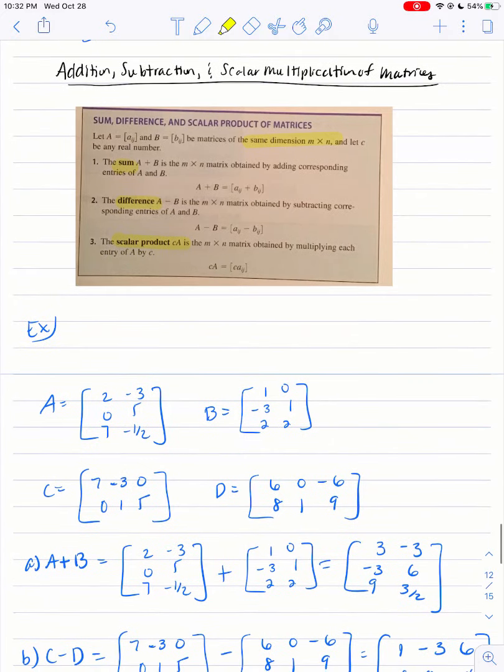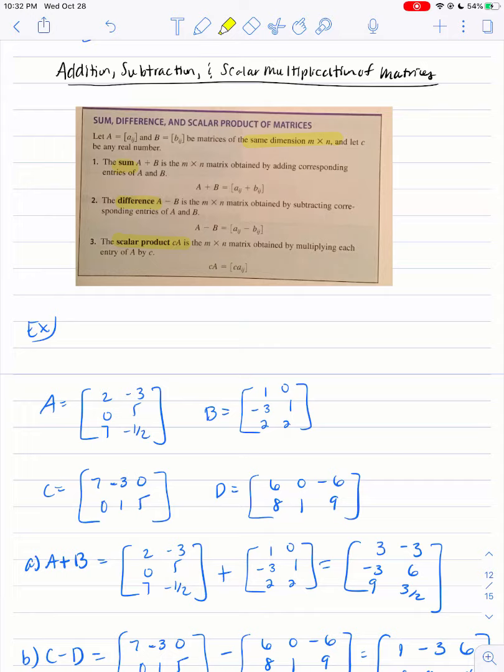So we can also add, subtract, and multiply by a scalar in matrices. So let's go over our sums and differences. Let's have our matrix A equals Aij and B equals Bij. They're matrices of the same dimension, m by n, and then we're just having c be any real number.